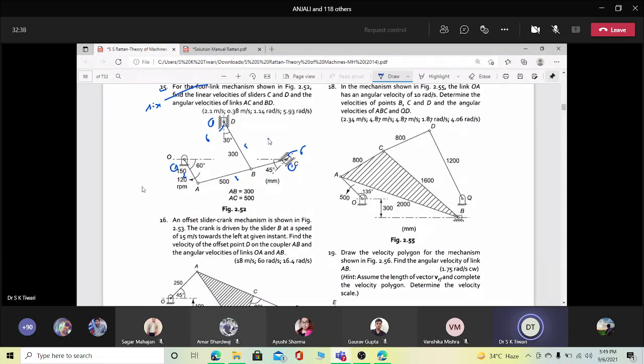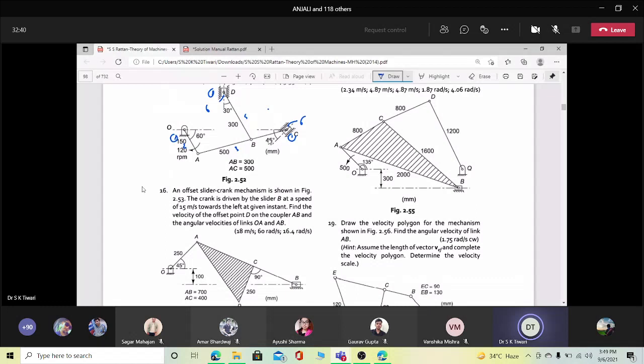Now, I'll try to draw it over here only. The fixed points are O, C, and D. OCD.